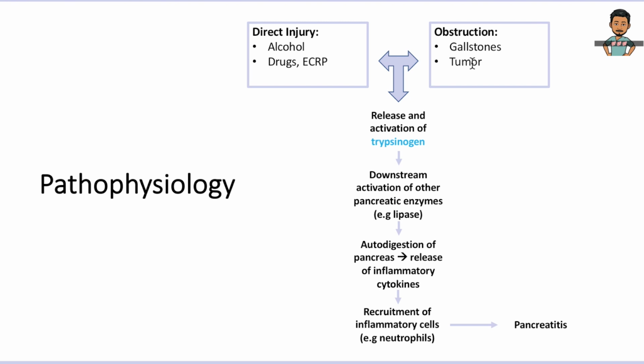Trypsinogen gets cleaved to trypsin, and trypsin activates all the other pancreatic enzymes like lipase, phospholipase, and all those. After these enzymes are activated, there's autodigestion of the pancreas, there's a release of inflammatory cytokines like interleukins, and this leads to recruitment of inflammatory cells like neutrophils and macrophages, and this eventually leads to the pancreatitis.